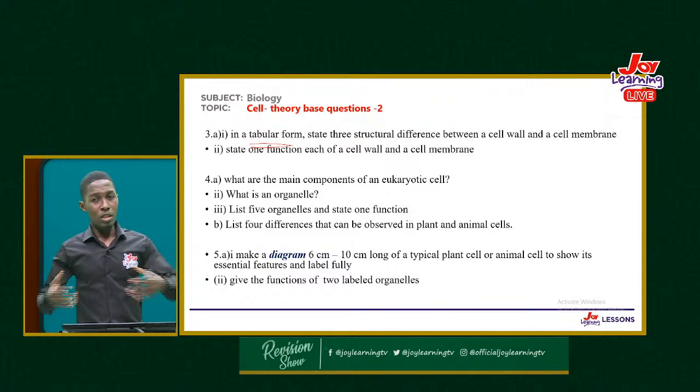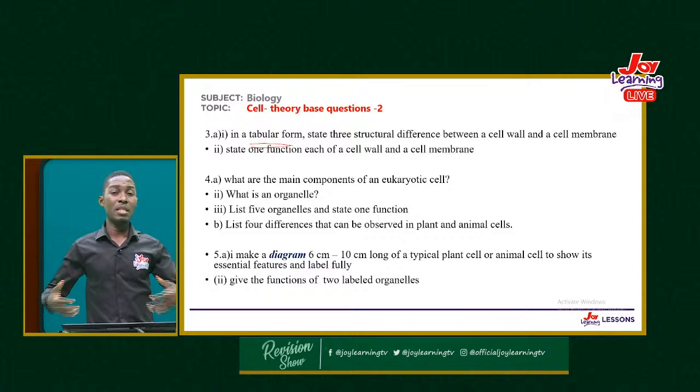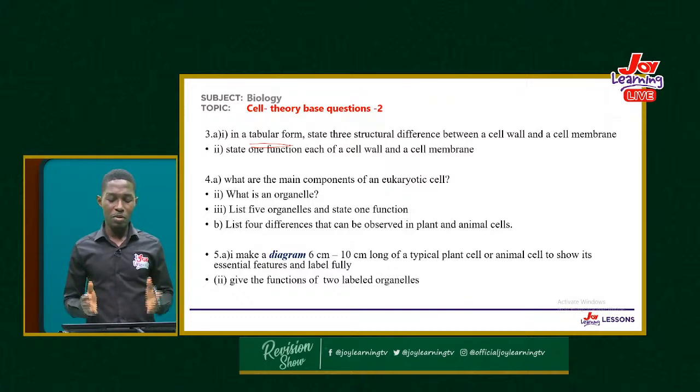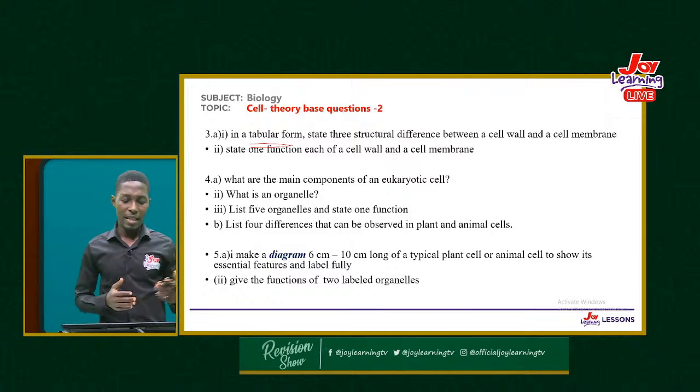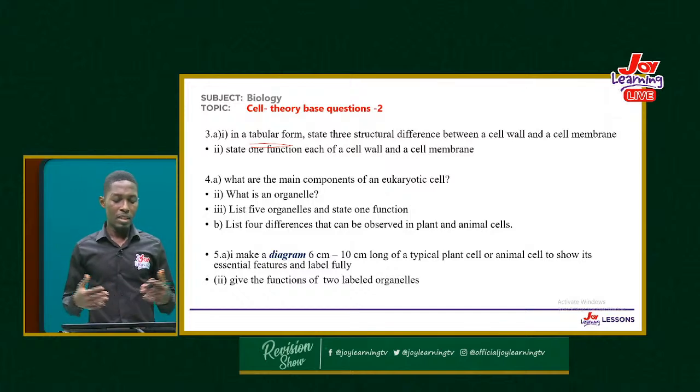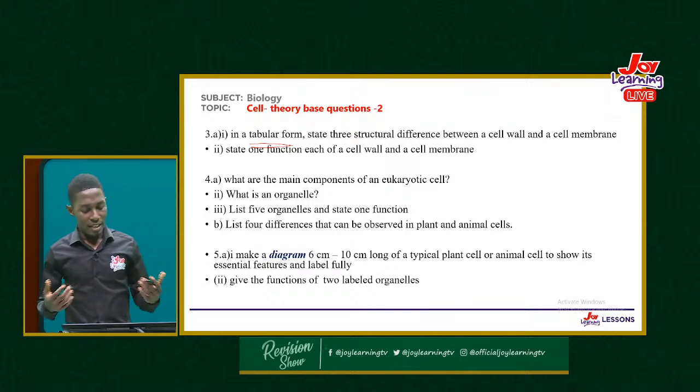So when they tell you to draw something 6 to 8 centimeters and you don't draw it accordingly, you lose a mark. So in a tabular form, state 3 structural differences between a cell wall and a cell membrane. State one function of a cell wall and a cell membrane. What's the main component of a eukaryotic cell? What's an organelle? It has repeated itself. Then difference is the same thing.